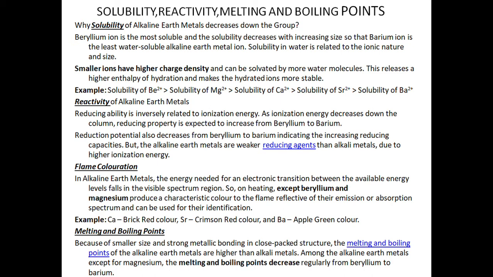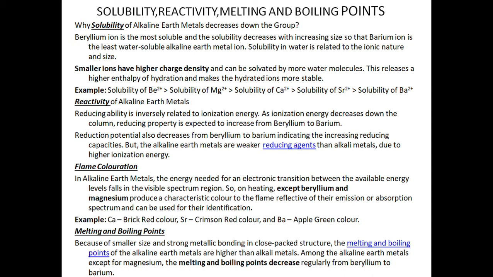For example, solubility of beryllium ion is highest and decreases towards barium, that is solubility of magnesium is less. Then from magnesium to calcium solubility decreases again. Then solubility of strontium, and least for the solubility of barium ion.